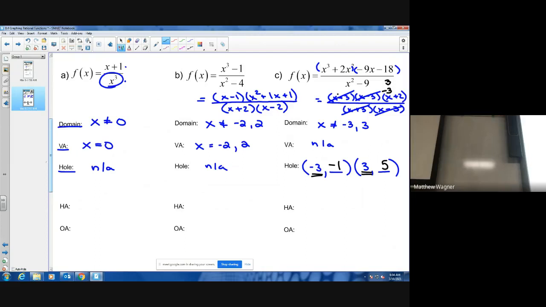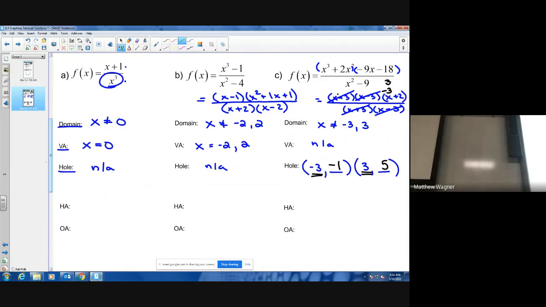All right. So that's the first step when I approach all of these rational functions. I want to factor, I want to figure out my domain restrictions, and then I want to figure out, are they a vertical asymptote or are they a hole? Okay. The next thing I like to address is the other asymptotes, the horizontal and oblique asymptotes. Okay.